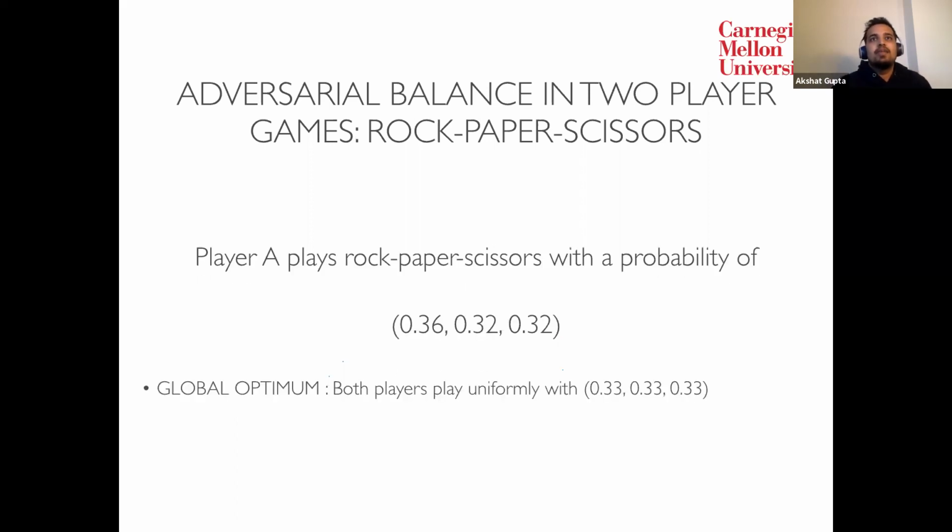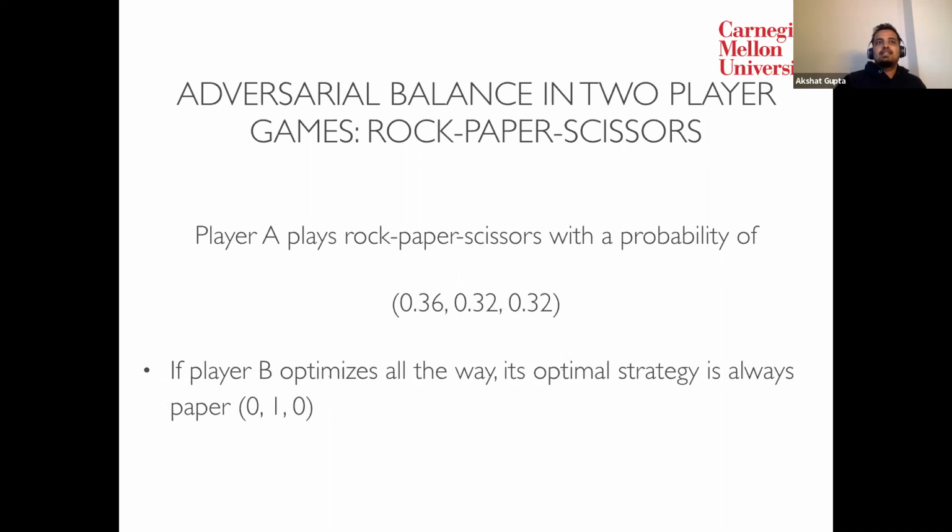But let's say I am player A who plays rock a little more, with 36% probability. If that's the case, and if we let player B optimize all the way, then its optimal strategy, as you guys said, would be to always go with paper all the time. That's its most optimal strategy if it optimizes all the way. But seeing that player B is doing that, we're in a two-player game scenario.